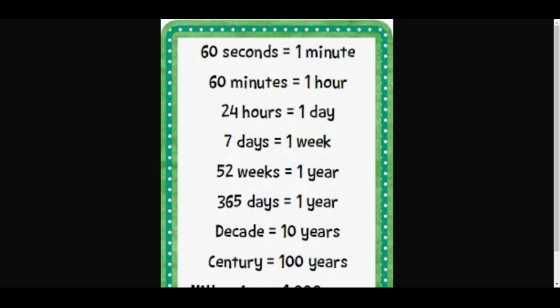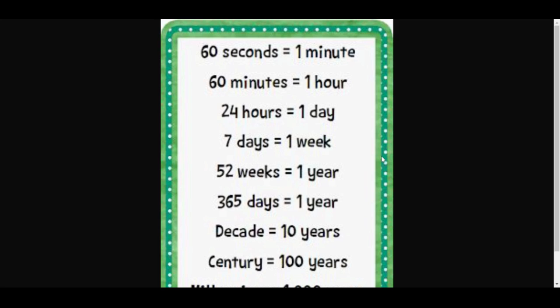And then for days, we have day, week, year, and so on. These are the durations, measurement points, or units which help us measure time.